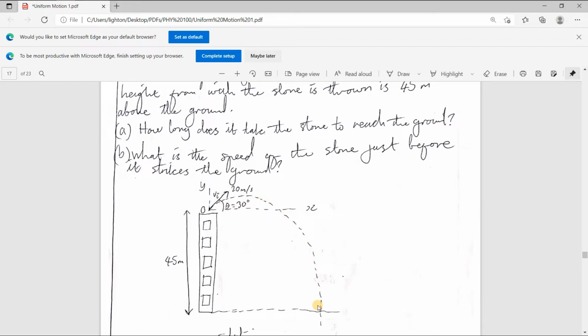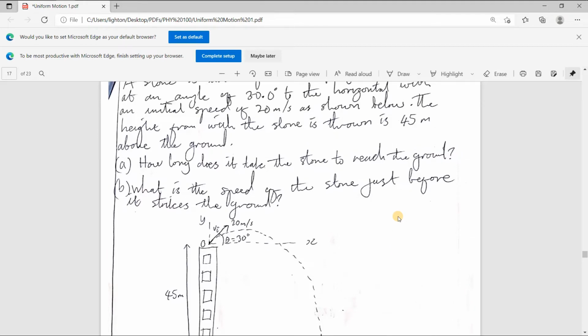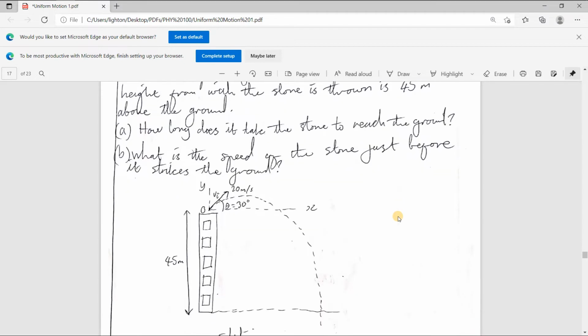So we're looking for how long it takes the stone to reach the ground. We'll treat the problems independently, taking the x components and the y components of motion separately. Then we solve for them separately to work out the problems. This is how we work out projectile motion.